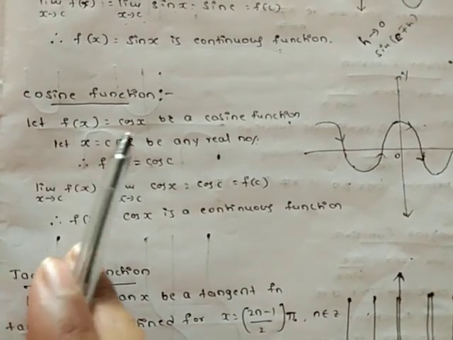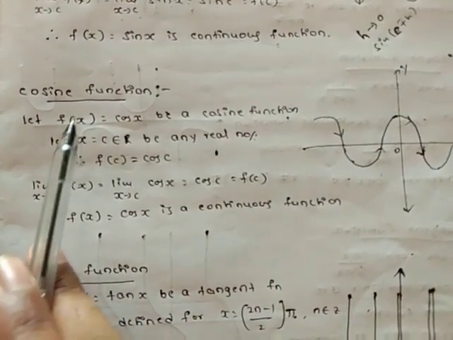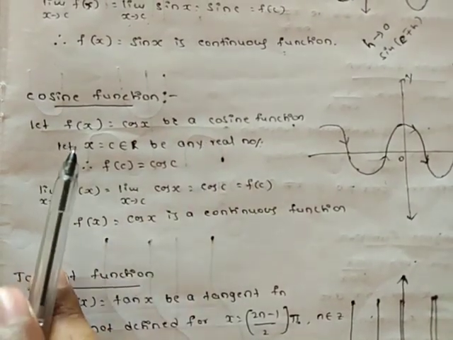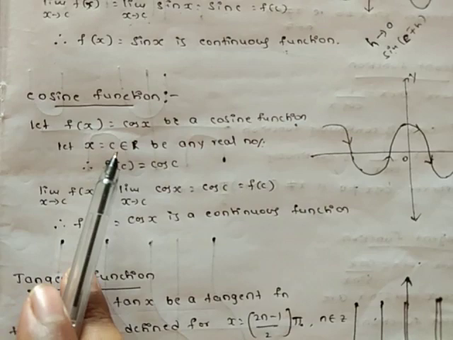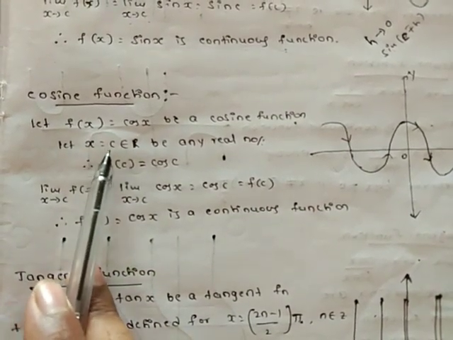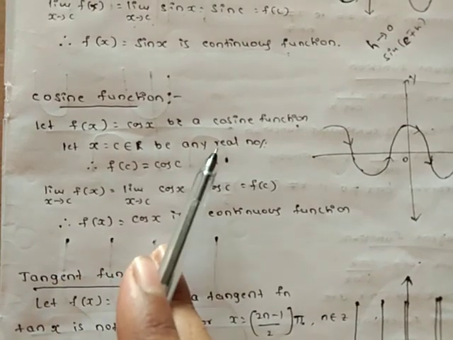By proof, we consider a function f of x is equal to cos x, be a cosine function. We are considering any arbitrary element which belongs to the real numbers R. So x is equal to c, which belongs to R, be any real number.